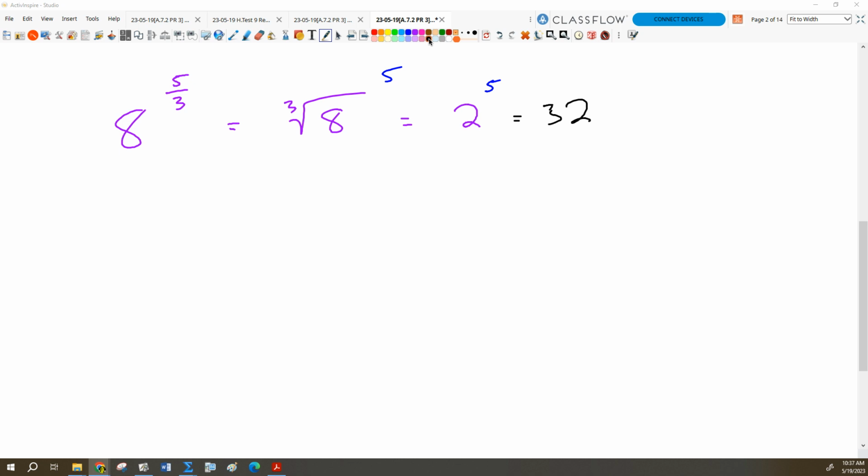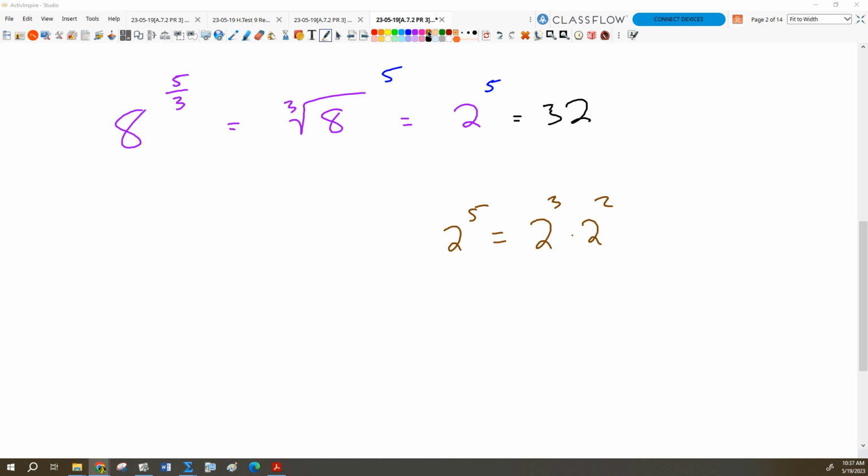Here's how you can do it fast. What's 2 cubed? It's right there, right? 2 cubed is 8. So then all we got to do is multiply that by another 2 squared. So here's the mental math we could do on this. 2 to the 5th equals 2 cubed times 2 squared, right?